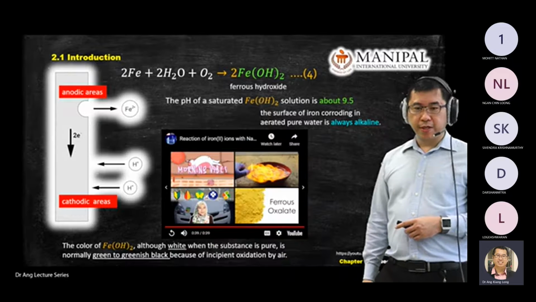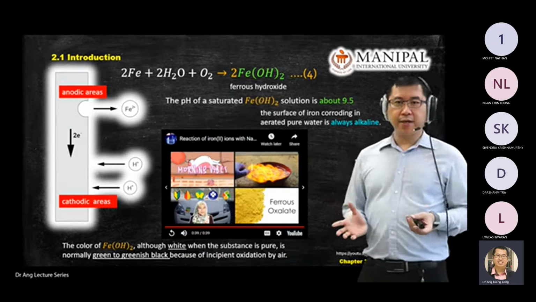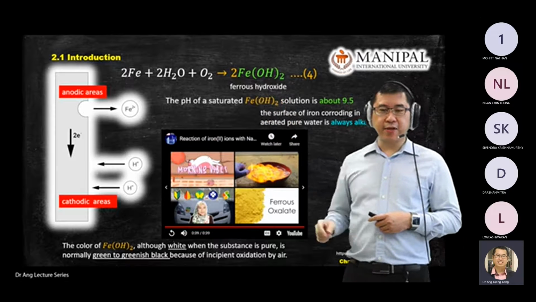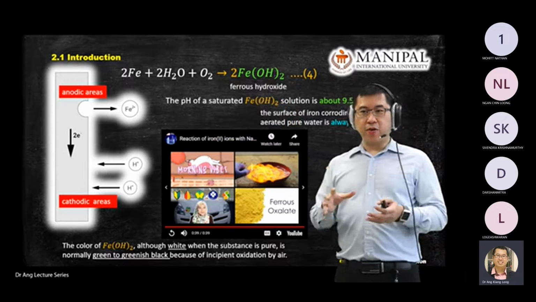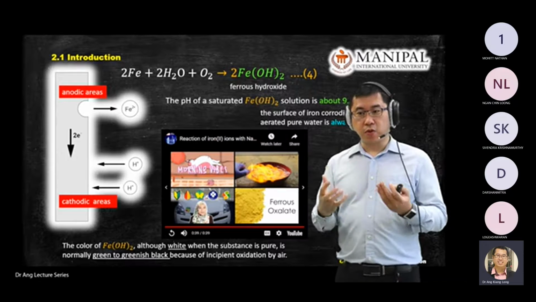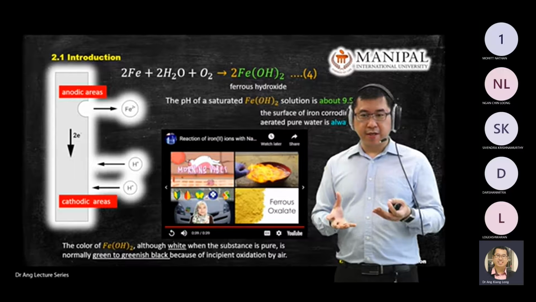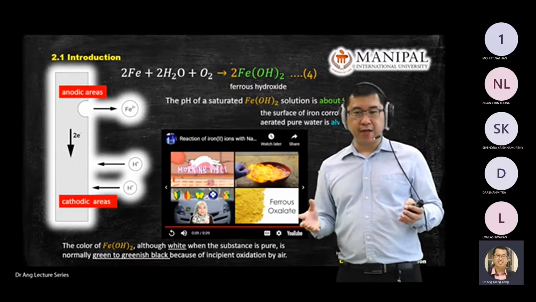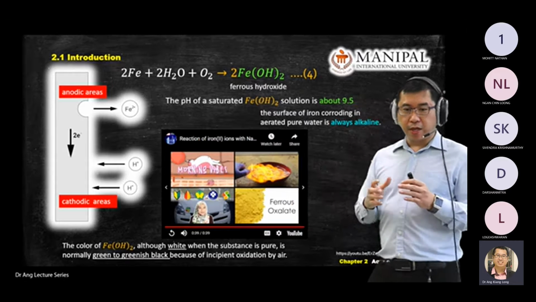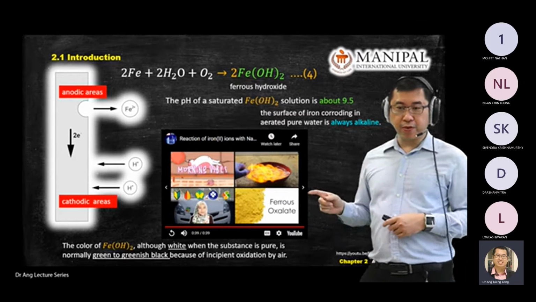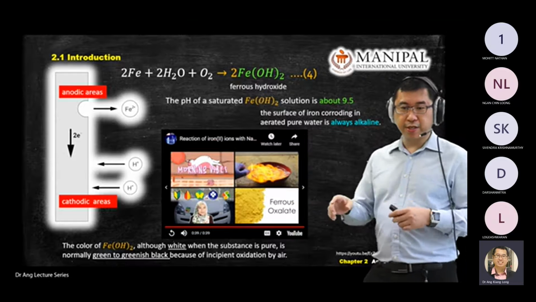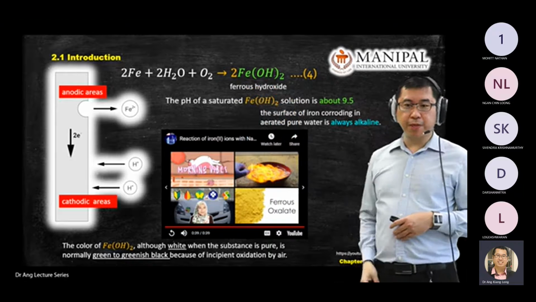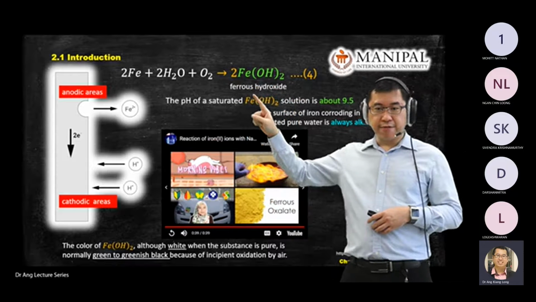Okay, so this is the general concept of why at a corrosion site, or when you go and inspect things that corrode, you will see different colors, right? Or why at this site I see a greenish color. When you see greenish or greenish and black like in the video, on the surface, it means that oxidation happened, and there is a very high possibility you are seeing ferrous hydroxide.